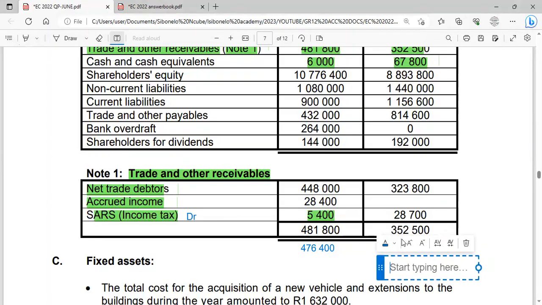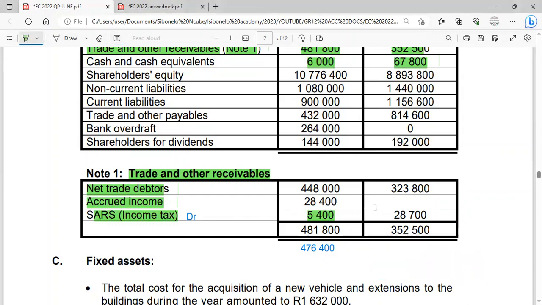Same thing we're going to do for 2021. The balance is 352,500, subtract 28,700, which relates to income tax. So the balance is 323,800.